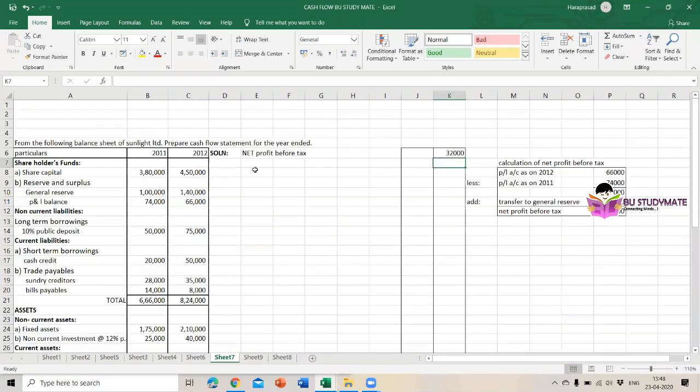Then what all things we have to do? Adjustment for non-cash and non-operating items. That is, we have to write the add.